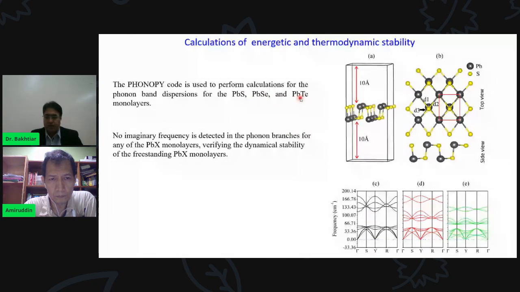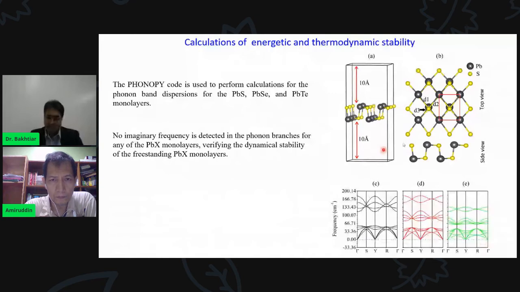We did not find any imaginary frequency. If any imaginary frequency occurs here, that shows that the material is not stable. But since there is no imaginary frequency in these phonon structures, we can say that they are dynamically stable.